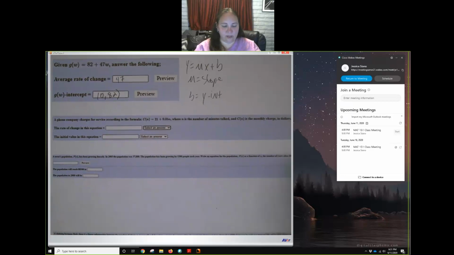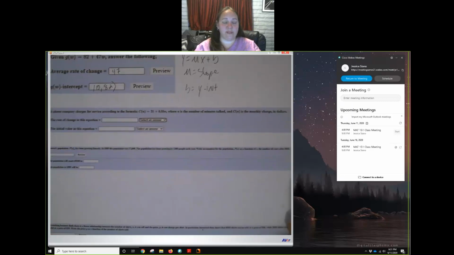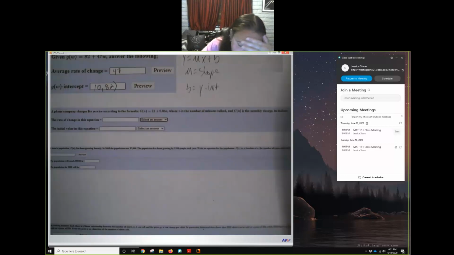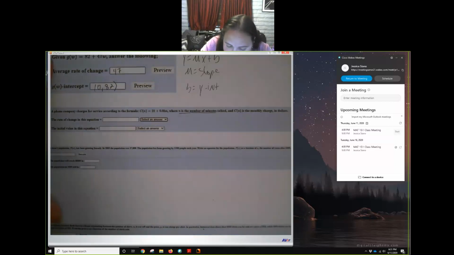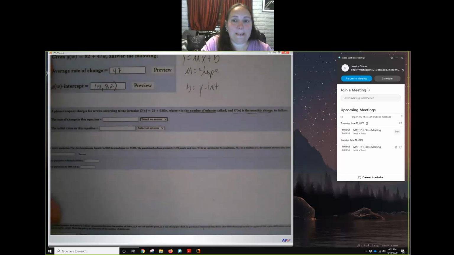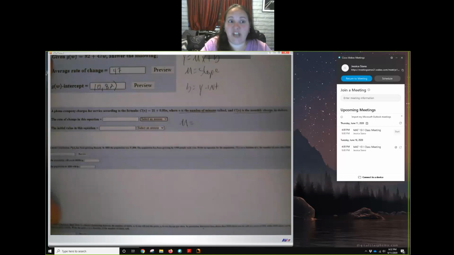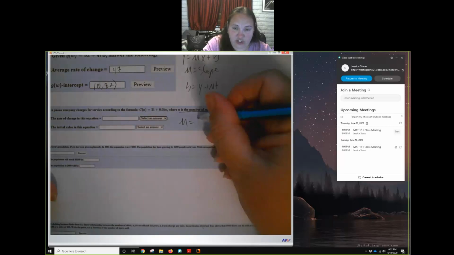Okay. So, a couple of short word problems. It says a phone company charges for service according to the formula C of n equals 21 plus 0.05 n, where n is the number of minutes and C of n is the monthly charge. So we've talked about slope being the rate of change. So that means it is the change in y over the change in x.